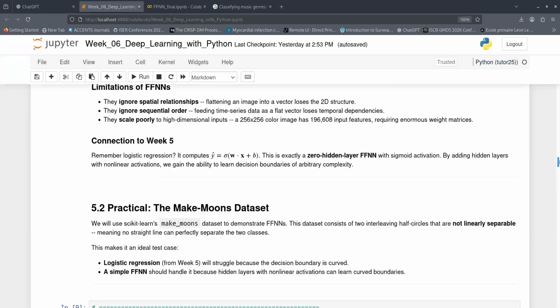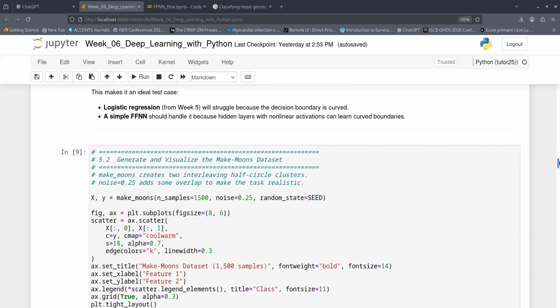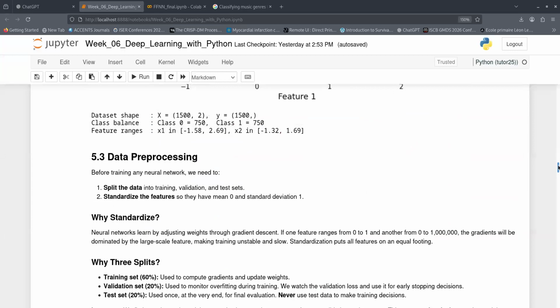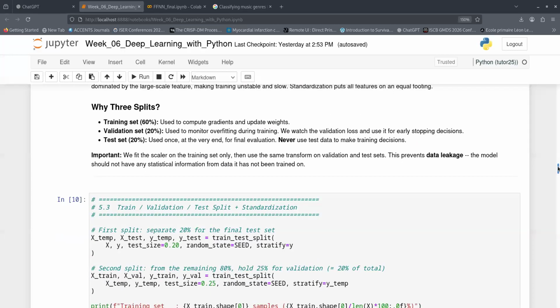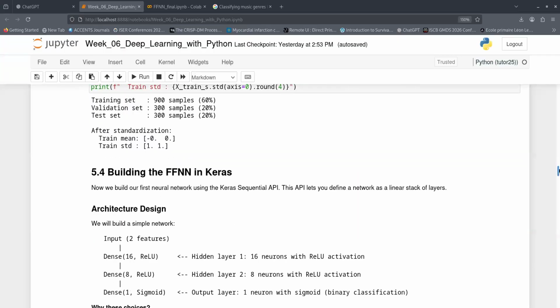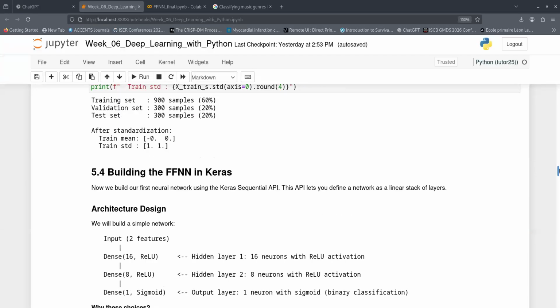For now, you can go to section 5.2, the practical make moons dataset, and start dealing with it. You will see how to generate and visualize the make moons dataset, how the preprocessing and splitting are done, and then you can go to the feed-forward neural networks and see how they are defined, and then you just go.